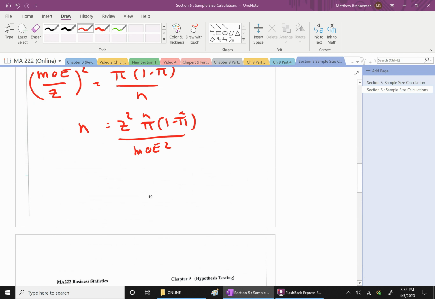I'm going to use the fact that when pi hat is 50%, this quantity has the largest value it can have. So when I let pi hat be 50%, this quantity has its maximum value. This will give me the maximum sample size, and it will guarantee it will work for any pi hat. So I'm going to plug pi hat equal to 50% in.